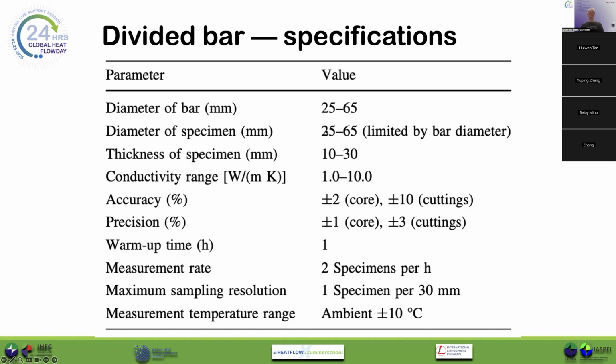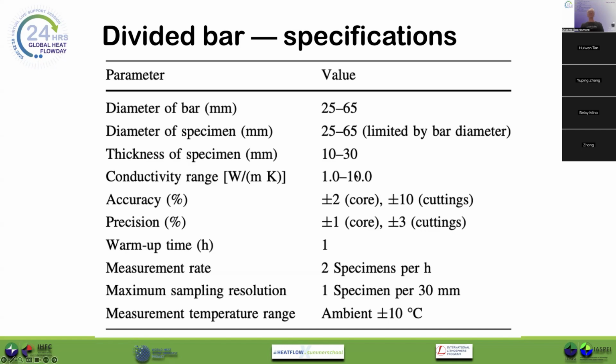So the limit on the specimen size is determined by the size of the divider bar. The thickness of the specimen, typically we look at 1 to 3 centimeters thick, maybe up to 4 centimeters in some cases. They tend to measure thermal conductivity in the range 1 to 10, which covers most rock types. In fact, the vast majority of rock types.